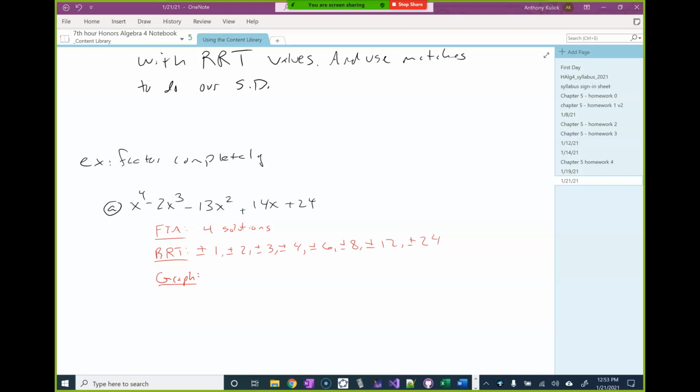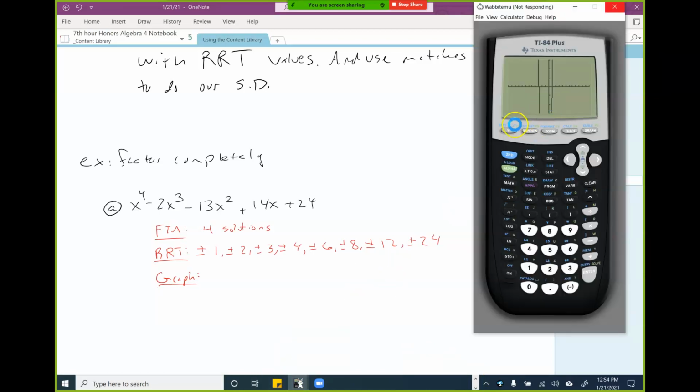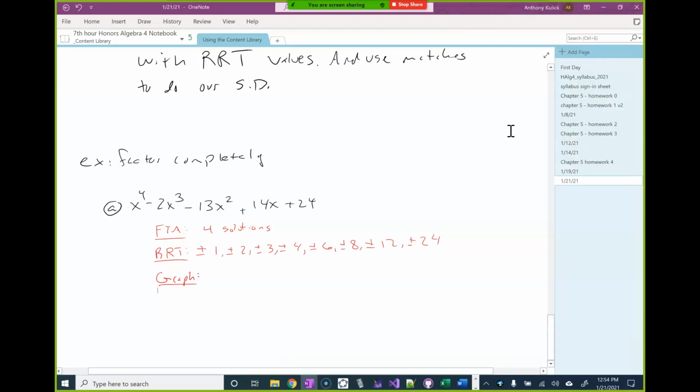All right. So I got my graphing calculator out. And I'm going to type in my polynomial exactly as it appears on my sheet of paper.